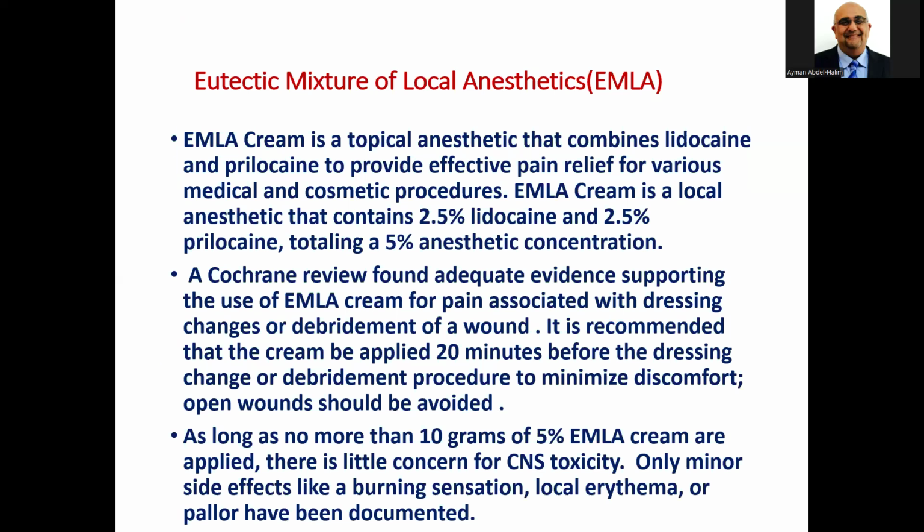It's basically 2.5% xylocaine or lidocaine and 2.5% prilocaine, giving a 5% anesthetic concentration. And there is literature that supports its use in dressing changes and also in the debridement of wounds.